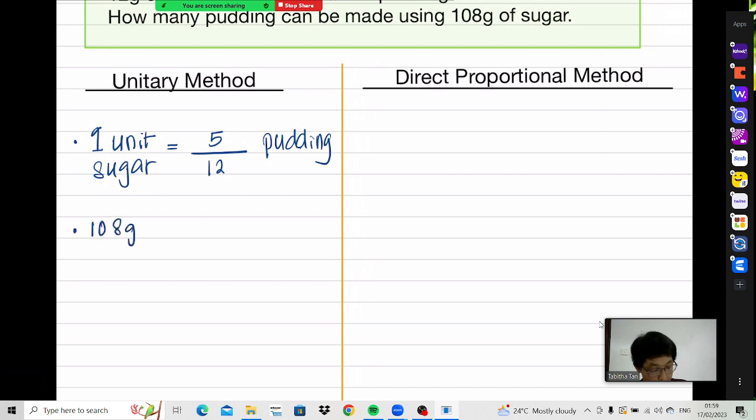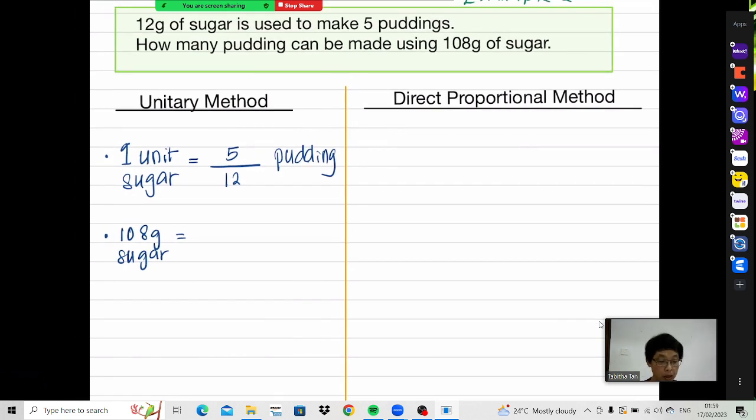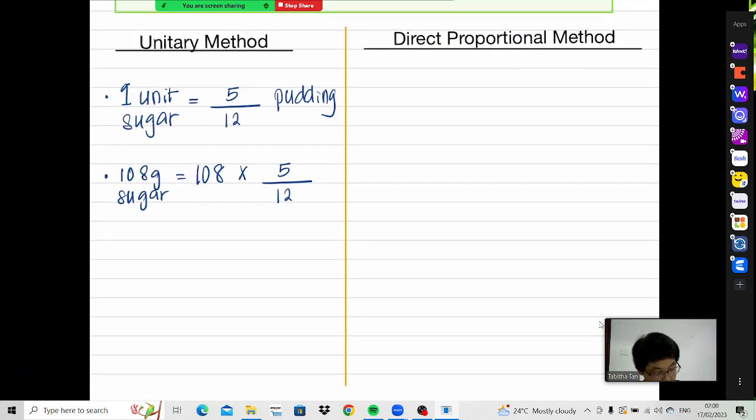108 grams of sugar. And simply, now how many puddings can be made? Just simply put in 108 grams multiplied by this 1 unit of sugar. Okay, so you just take this and paste it there, and hopefully you find how comfortable that is.